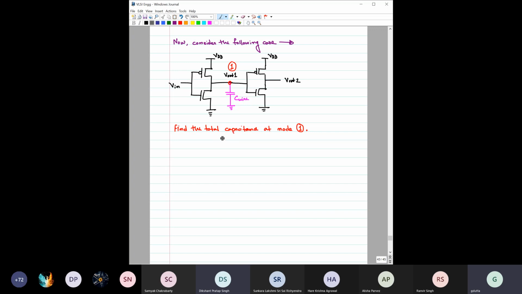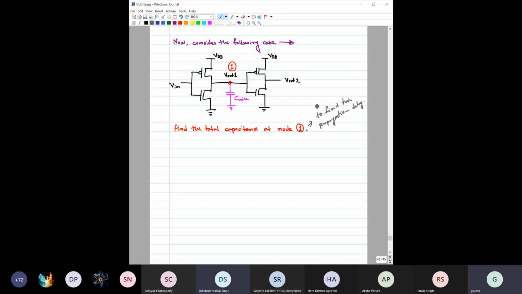Then we have to find what is the total capacitance at node 1. When you are considering the propagation delay, we should know the total capacitance at this node 1. This is required to find the propagation delay.